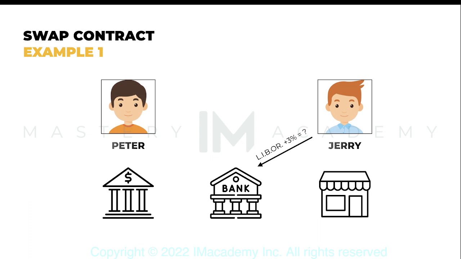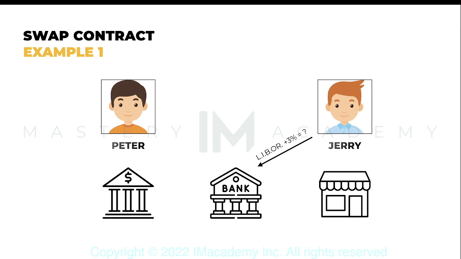Now, Jerry has taken a loan from the bank at LIBOR plus 3, which is fine except for the fact that LIBOR is a floating rate which goes up and down. Right? So LIBOR means that you never really know how much interest you are going to be paying every month.